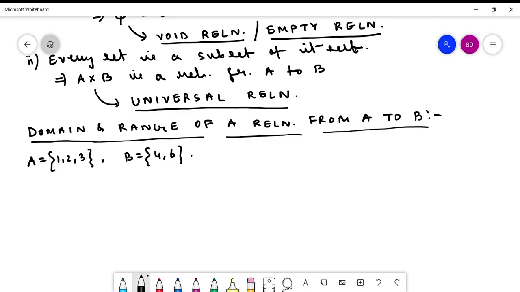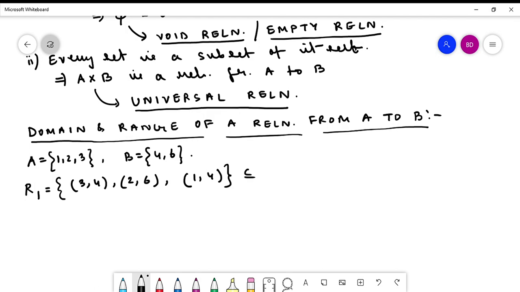So we have also enlisted the elements of A cross B. Now, let me take a relation like this, say R1 equal to, I can choose any subset of A cross B as my R1. So suppose I choose (3, 4), (2, 6) and suppose (1, 4). So suppose I chose this relation R1.